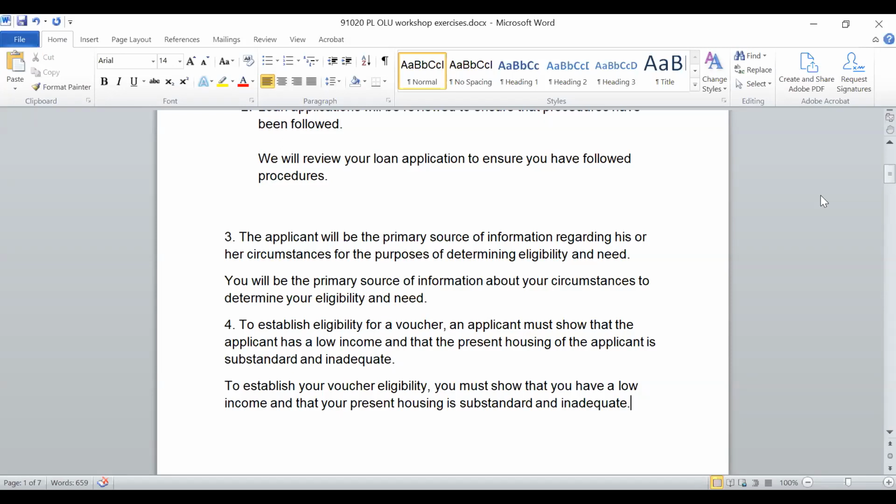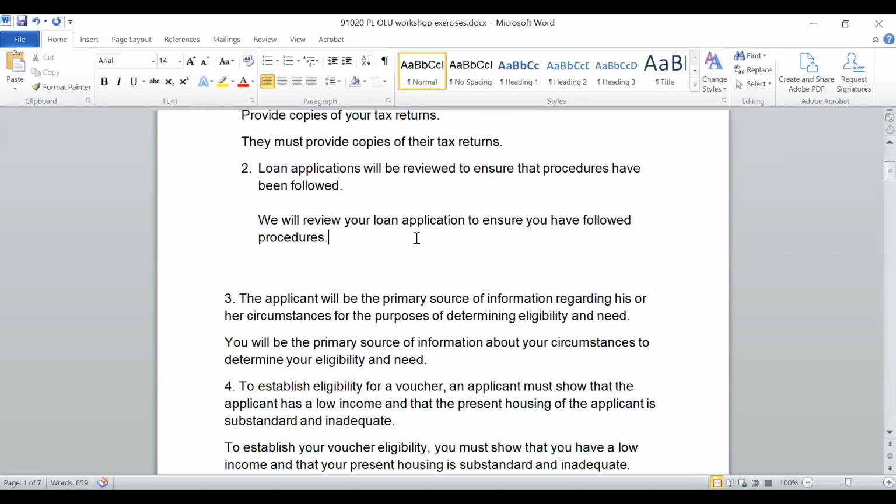Hi, Catherine. Yes, okay, there are. Brindisi asks, would it be too redundant to use "to determine eligibility and need" in both lines?